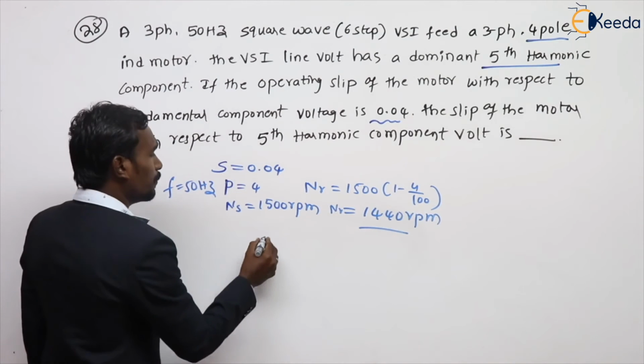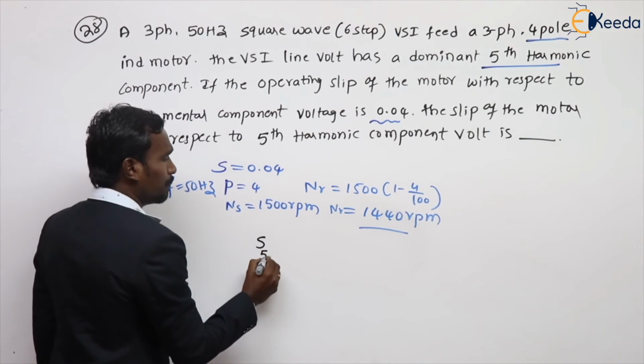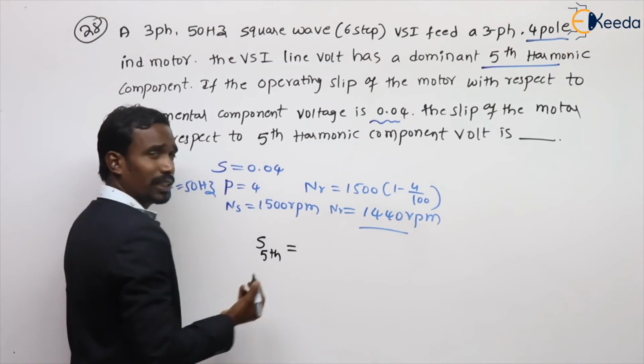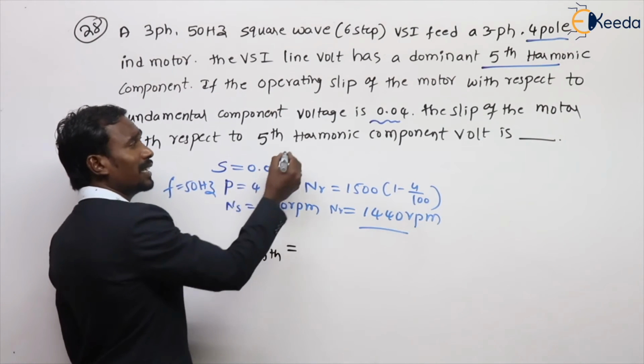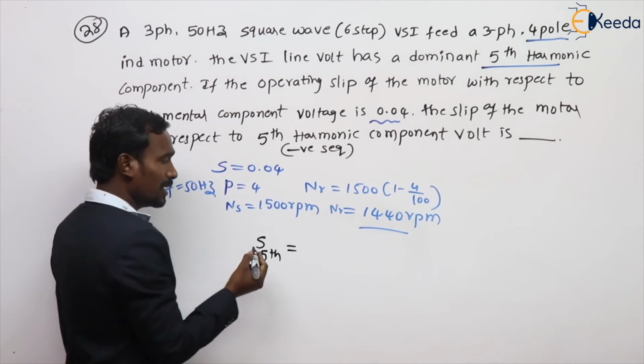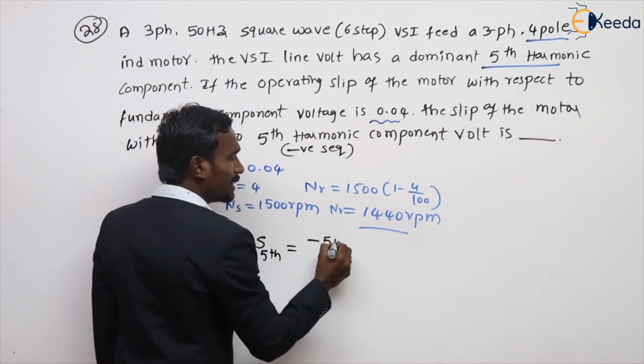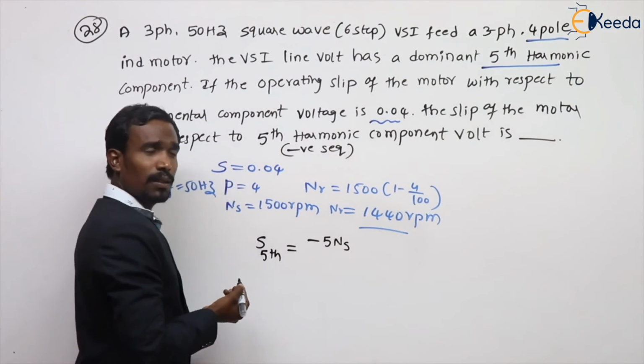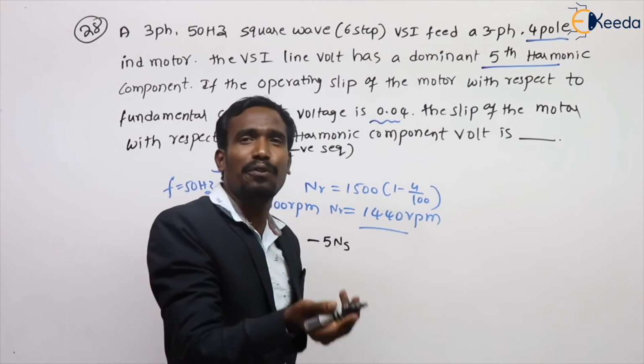Here, the slip for fifth harmonic component is equals to, fifth harmonics are the negative sequence harmonics. Hence, the slip is equals to minus 5 times Ns, because frequency is multiplied by 5.